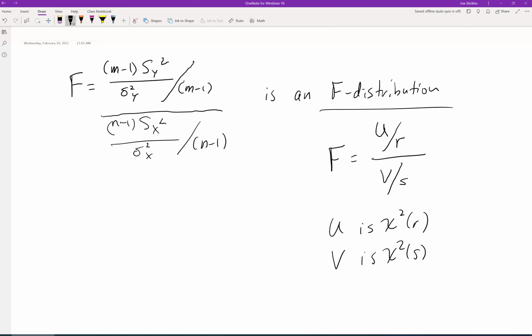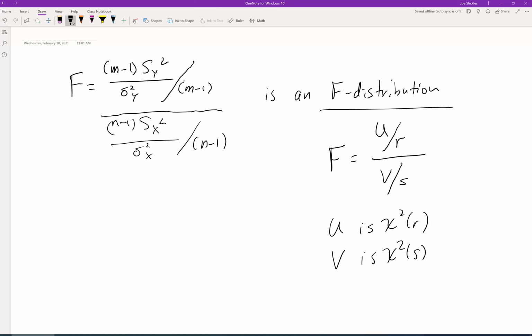Remember, the T distribution that we had was standard normal over the square root of a chi-squared divided by its degrees of freedom. That's where our T formula came from. So this chi-squared divided by its degrees of freedom piece is something that we've seen before, at least for a T distribution. So that's what an F distribution is in general.